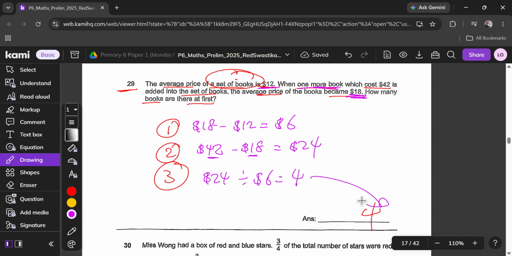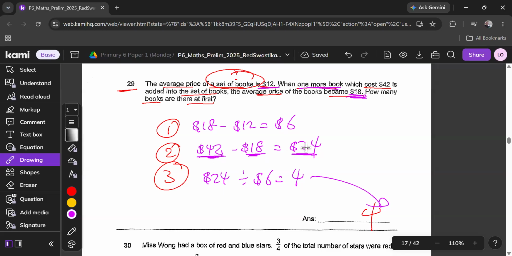Three steps. Understand? First step, compare the average. Compare means to find how much more, so you minus. Second step is to focus on the one extra book that's added. How much is the extra book? $42. And what happened to the average of this extra book? It will also become $18. So you minus to get how much more.